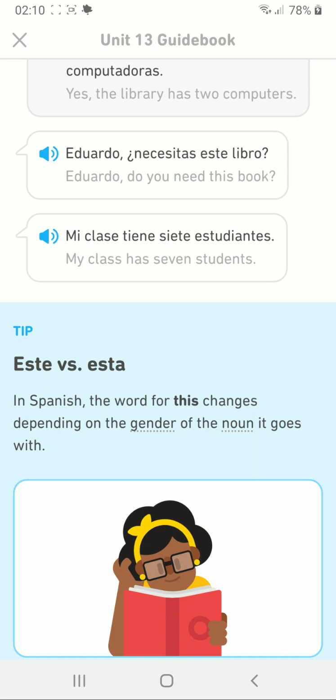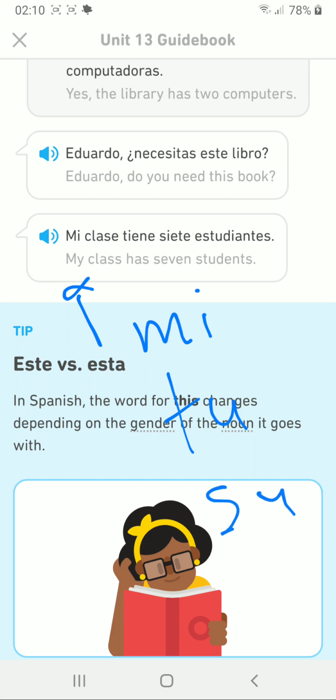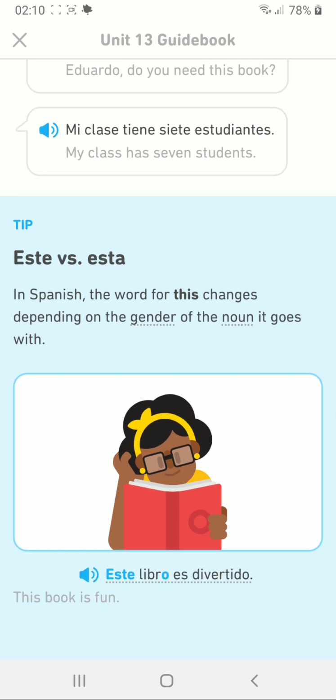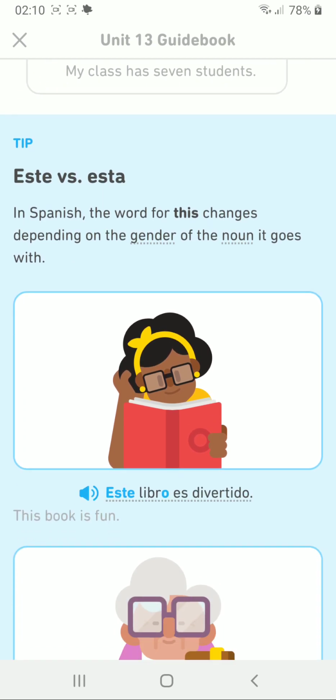Mi clase. Here now we have mi clase. Mi is a possessive adjective. So mi clase, tu clase. We have seen mi, we have seen tu, we have seen su, we have seen vosotros, vosotras, yeah. There are so many. We will probably see more of them. Este versus esta. So that's exactly what I mentioned. In Spanish, the word for this changes depending on the gender. So este libro es divertido.